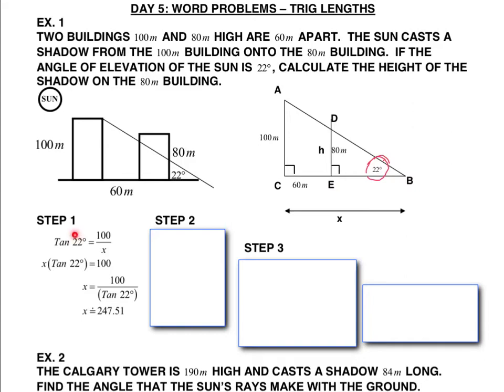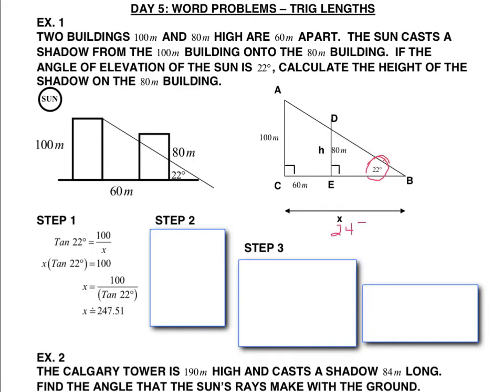So we do tan of our angle equals opposite over adjacent, so that's why we have tan 22 equals 100 over x. Whatever's in the denominator comes to the other side. Since it's divide on this side, it's going to come over and multiply with the tan of 22. And then the tan of 22 is going to come over and divide. Punch that on your calculator. So we just figured out what x was, which is this value right here. Some people like to go and actually write that in, and that's fine too.